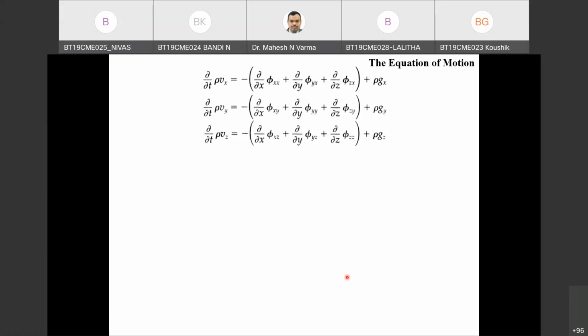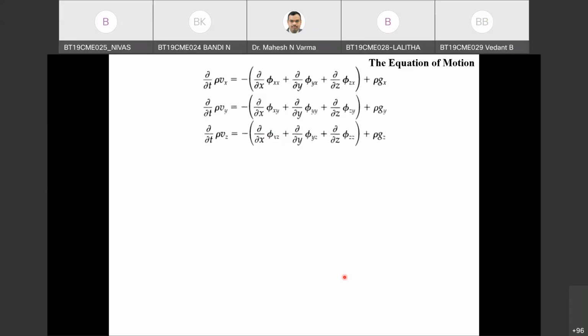Roll number 29. Sir, for phi xz we can write rho vx vz plus p into delta plus tau xz. So the total flux consists of two components.